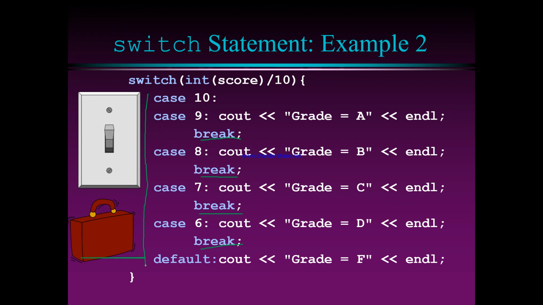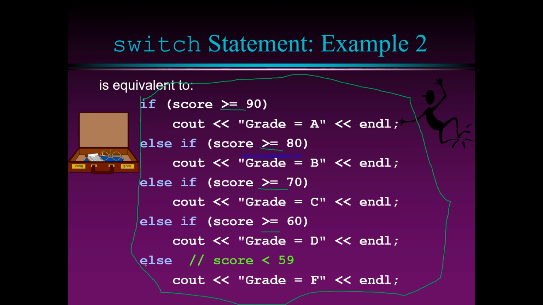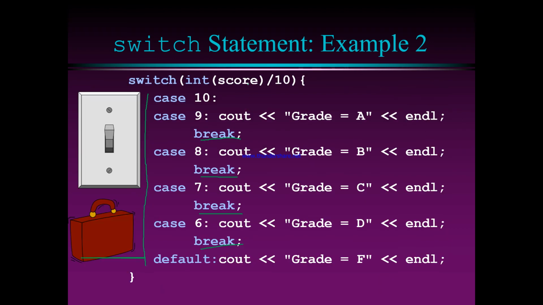So this can alternatively be used for problems where there is a single variable involved, and we expect a number of values for that single variable. It is a very beautiful example that shows the switch statement can alternatively be used for the if-else statement.